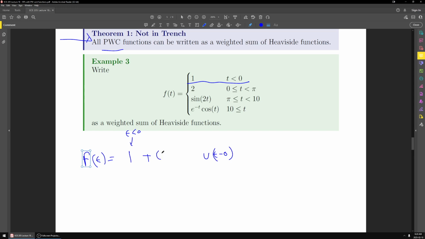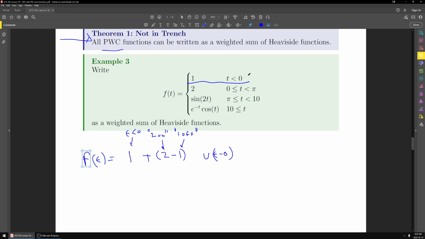Right? So here, if I do 2 minus 1, this term takes 1 and turns it off, because I have a negative, so 1 off, if you will, 2 on. And effectively what's happening here is I get 1, then when t is bigger than 0, I get 1 minus 1, which goes away, and then I get my plus 2 to give me the 2, right?